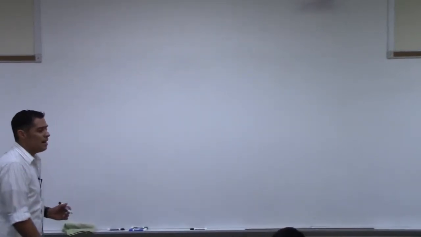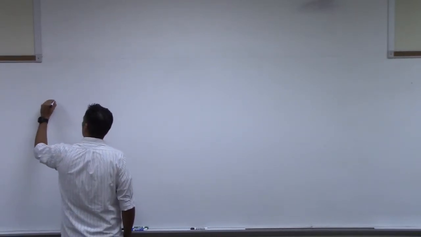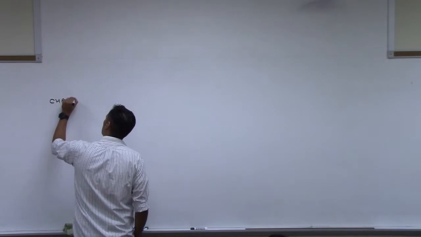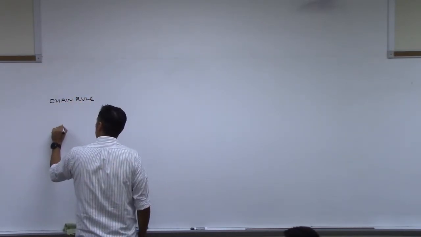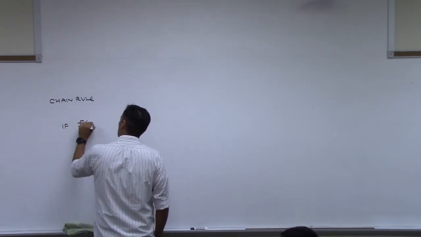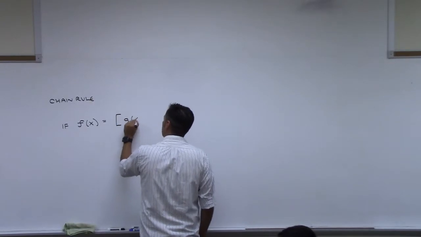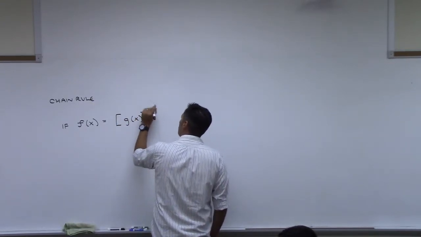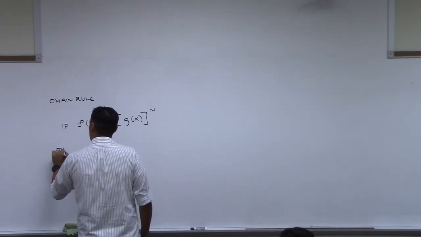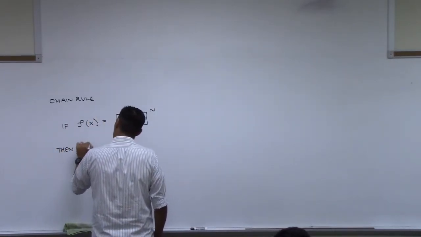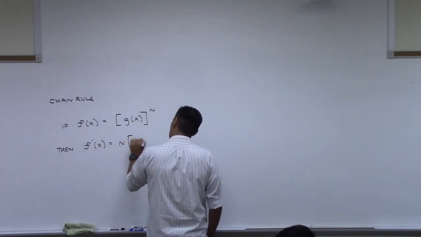Okay, so last time what we talked about was the chain rule. And we said that if we have a function f of x, which happens to be some function raised to a power, then the derivative of this is equal to this.